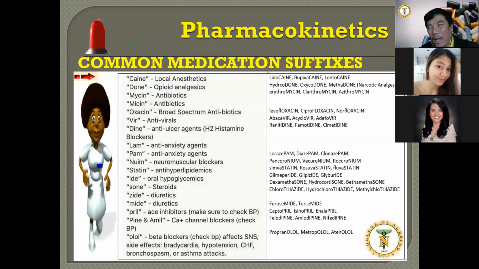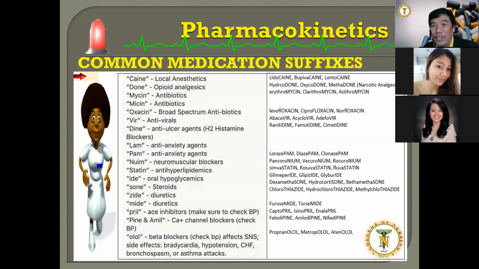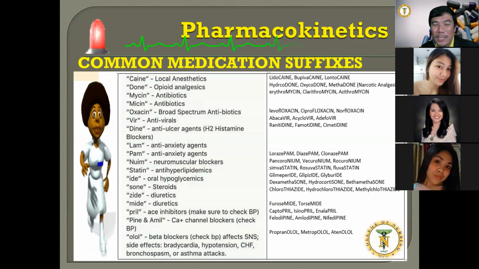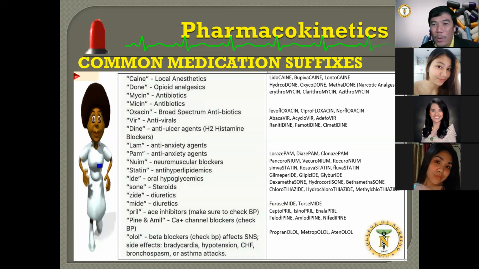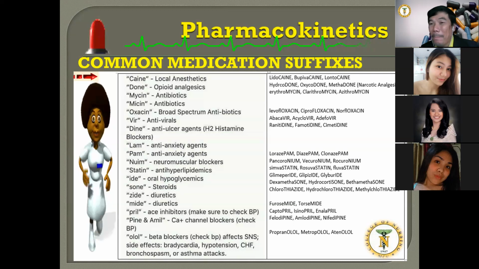Oh, okay, I will mention 1 out of 3. Sodium. Yan, sodium. Can you enumerate the other 2? Potassium. Potassium is 1, and what is the other electrolyte? 'Di ba pag salt, kung may sodium tayo, may chloride.